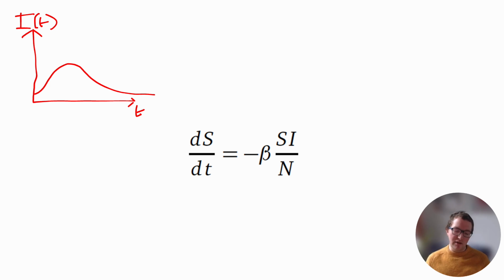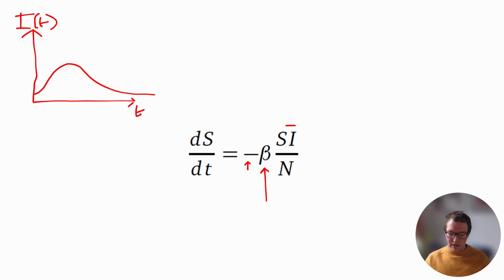So change in susceptibles over a change in time. And obviously that decreases, so that gives me the minus sign here. And then I have the infection rate here. So this is the chance when a susceptible and an infected come into contact that infected person causes an infection in the susceptible.